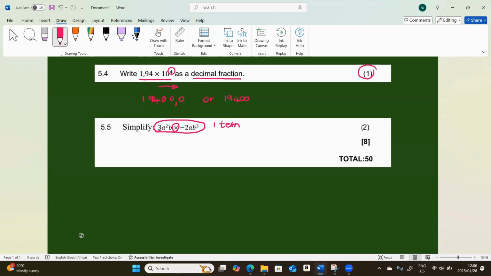That minus over there does not separate your terms, because you are multiplying the expression 3a squared b with negative 2ab cubed. Do you understand? The multiplication combines terms, so this is one term.